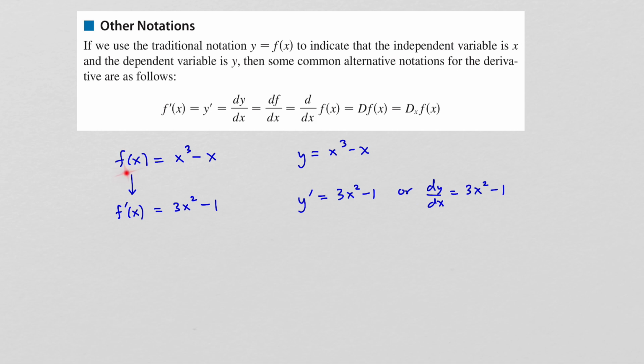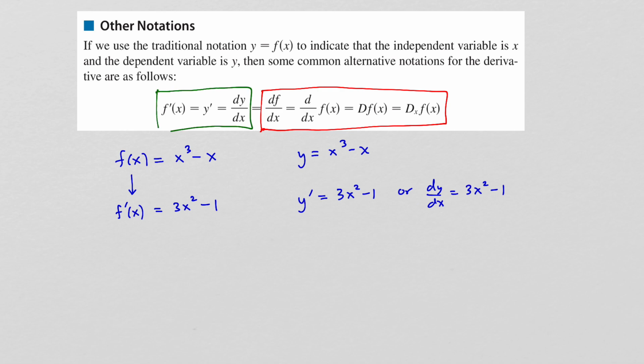So in the case where your function is f of x, you should not be using dy dx or y prime. You should use f prime of x. Now there are some other less common notations, and that is these right here. So just know that there are lots of different ways to indicate the derivative of a function. But in this course, these are the ones that we use the vast majority of the time.